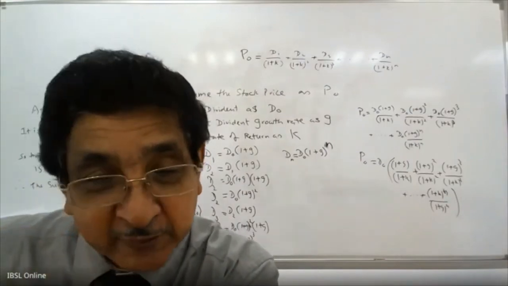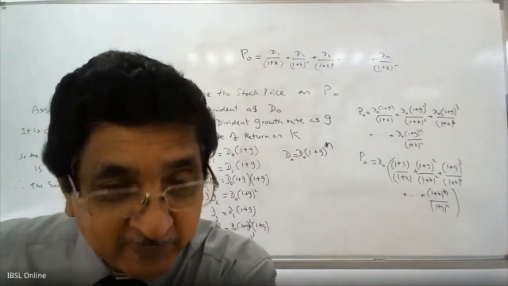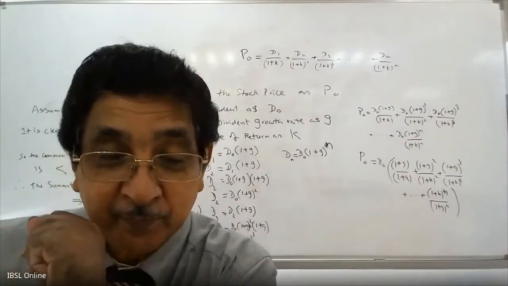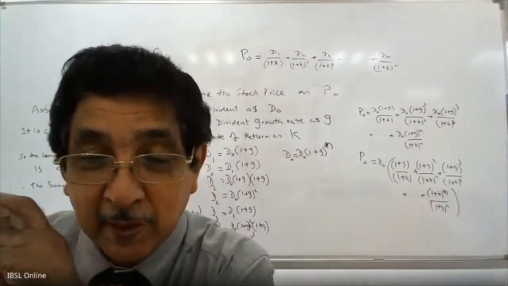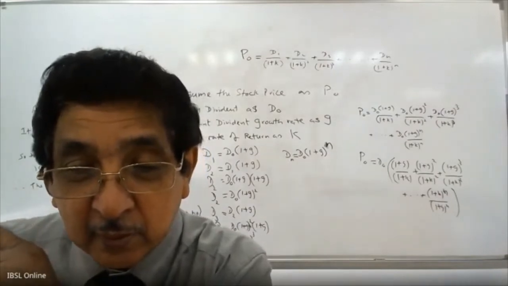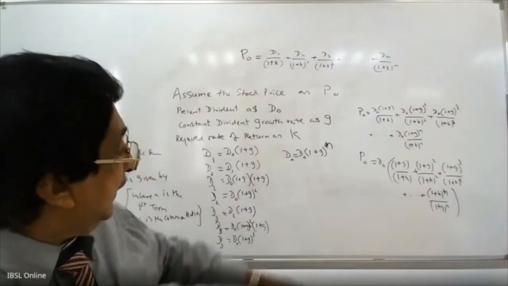Now you understood the common ratio is 1 plus G over 1 plus K. That is the common ratio. Now I am asking the first term. No, not D0 into 1 plus G. D0 is taken out, right?